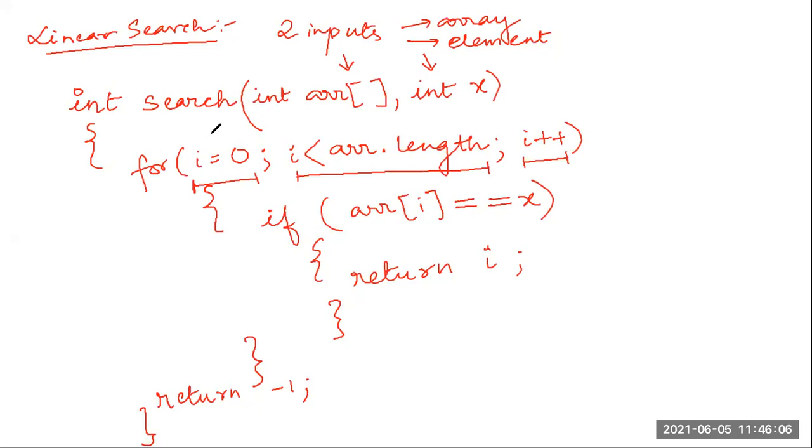So first, how many times will this part execute? This part, i equal to 0. One time. This initialization part is executed how many times in any algorithm?